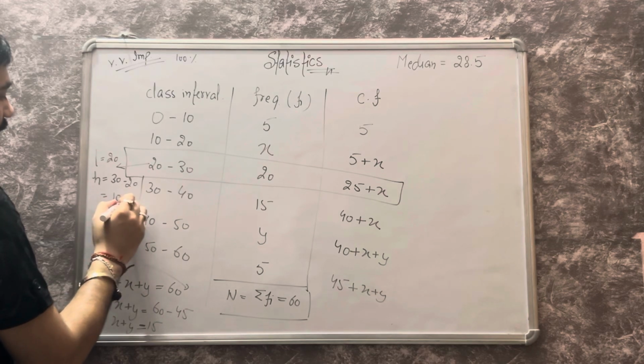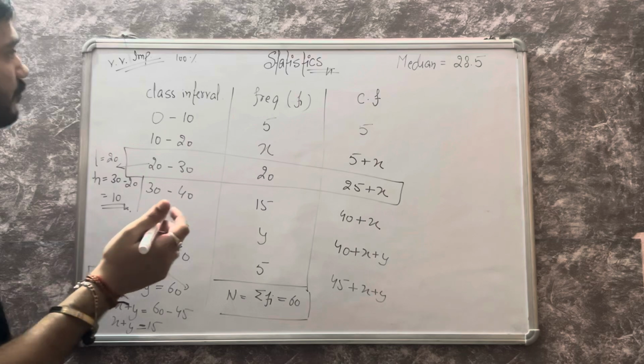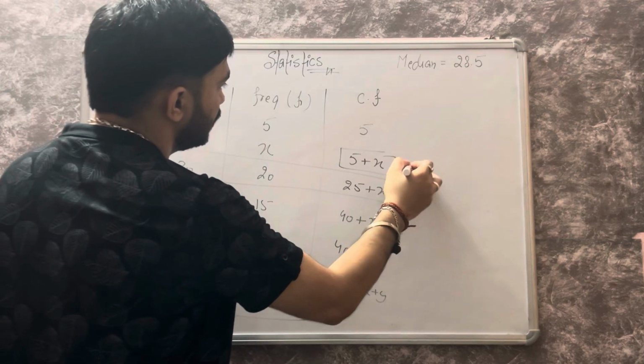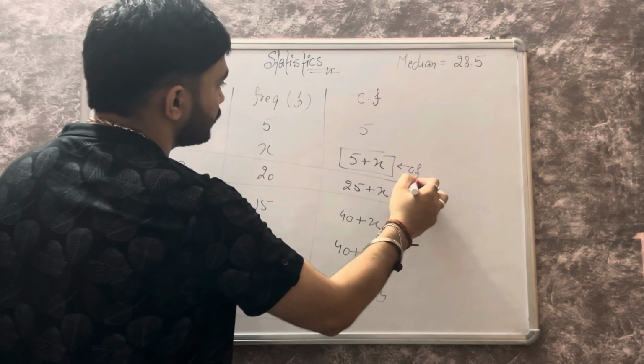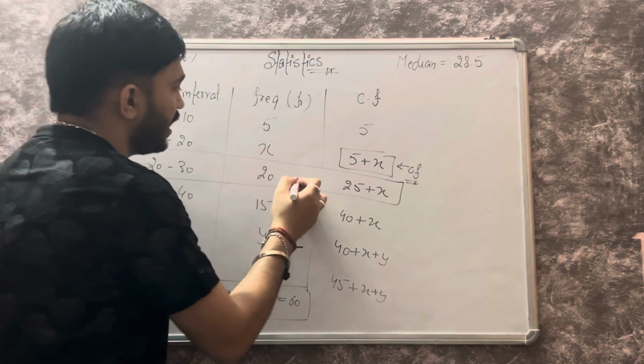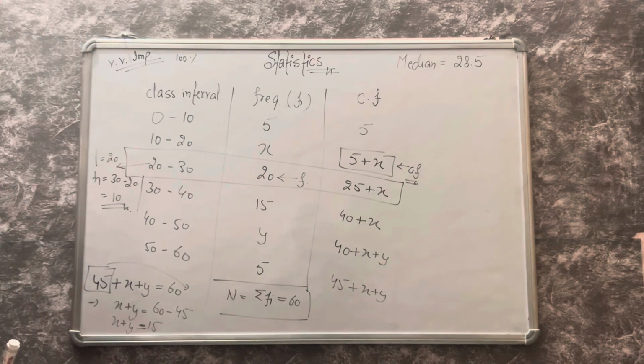You will get h as 10. Now moving forward, we have to find the class frequency. What will be the class frequency here? That is this value. This value is going to be our class frequency. Any doubt? And the value of f here is going to be this, because this is the biggest value in the frequency table.